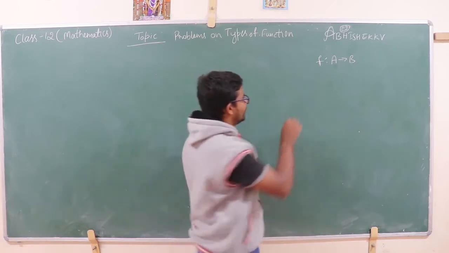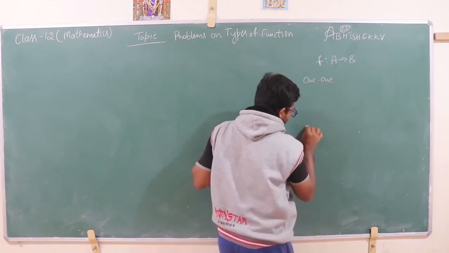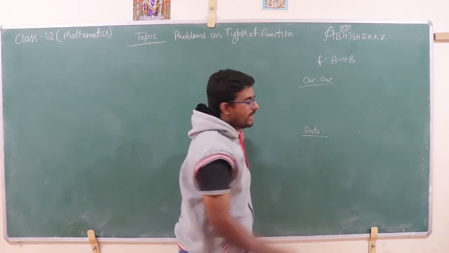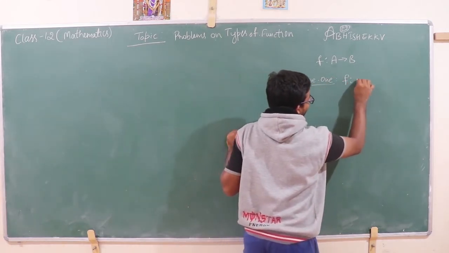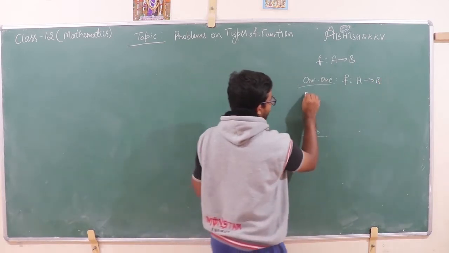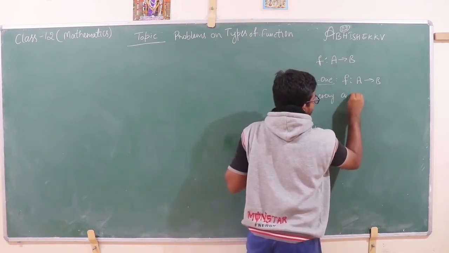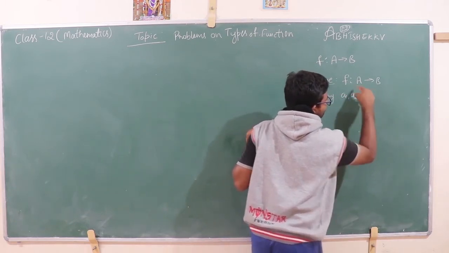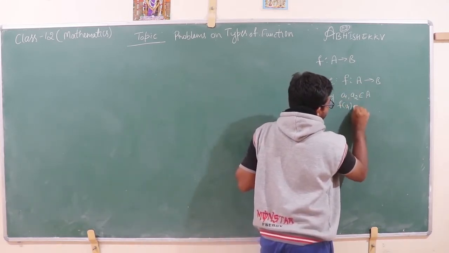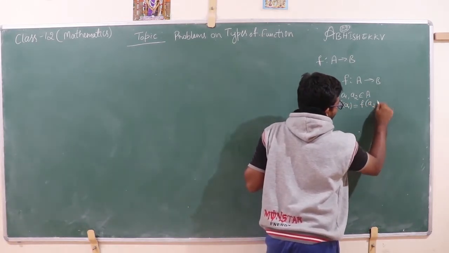There are two types of function, namely 1-1 and onto. What is 1-1? If I consider a function f from A to B, for every a1, a2 belonging to the domain A, consider f of a1 is equal to f of a2.